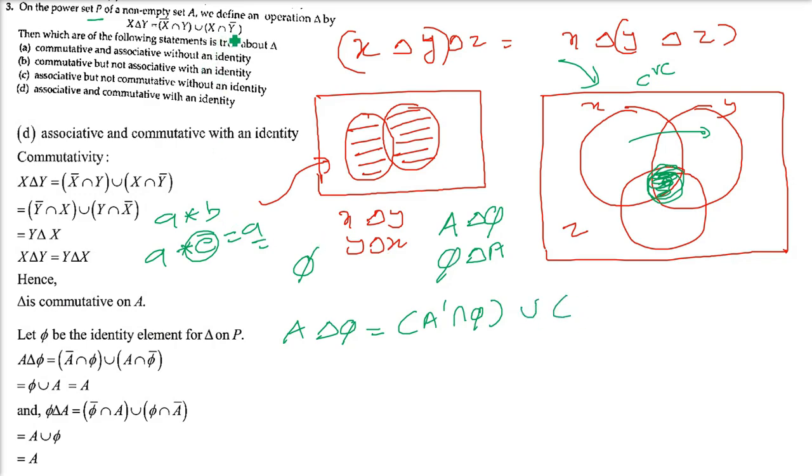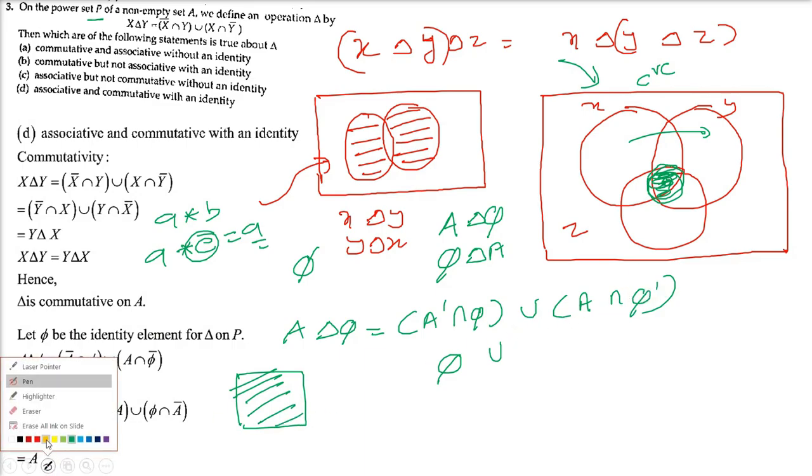If I write A operation Q, I will have to write x bar intersection y union x intersection y bar. Then in place of x write A, in place of y just write phi. So anything intersection with phi will always be phi, and phi is nothing, and if you take the complement, it is nothing but everything.